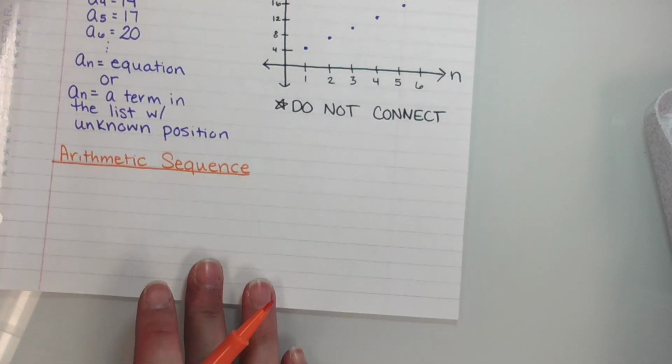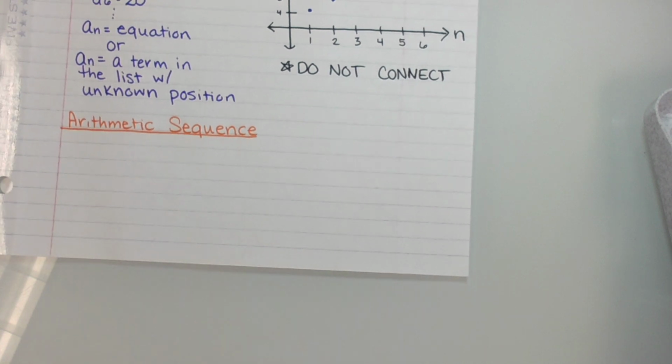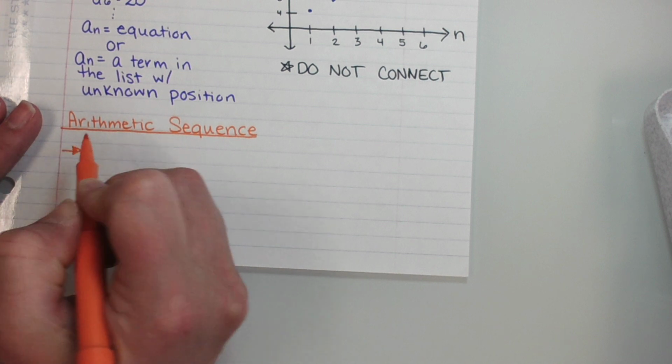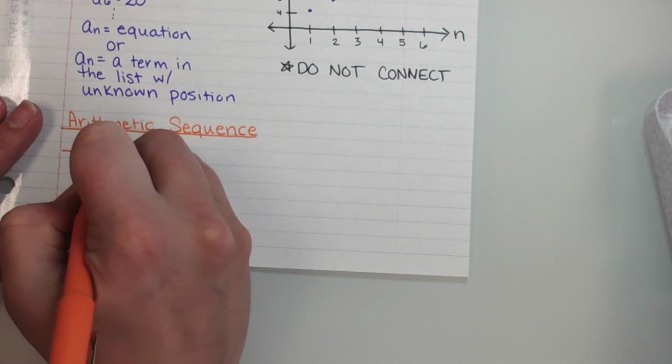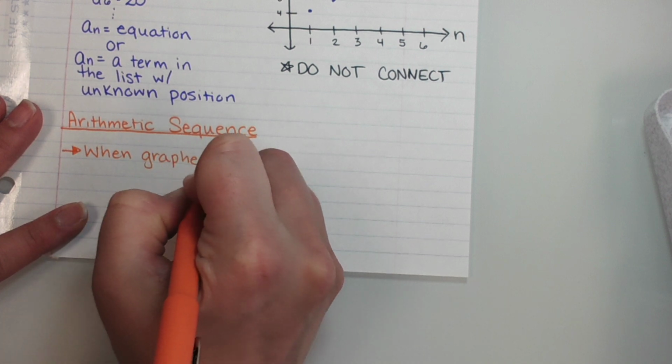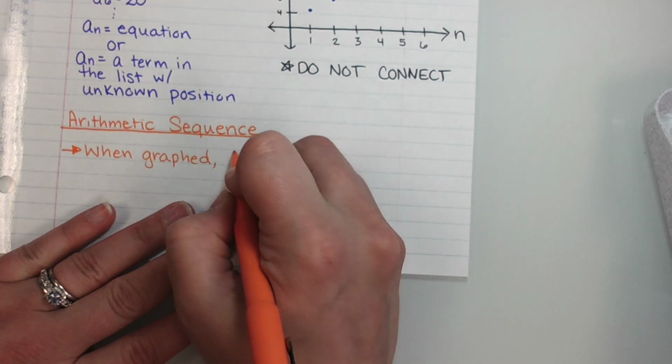Arithmetic, spelled the exact same way as arithmetic, but pronounced differently. If you call it arithmetic, I'll probably just chuckle a little bit, but I'm not going to tell you you're wrong. An arithmetic sequence is one that, when graphed, looks linear.